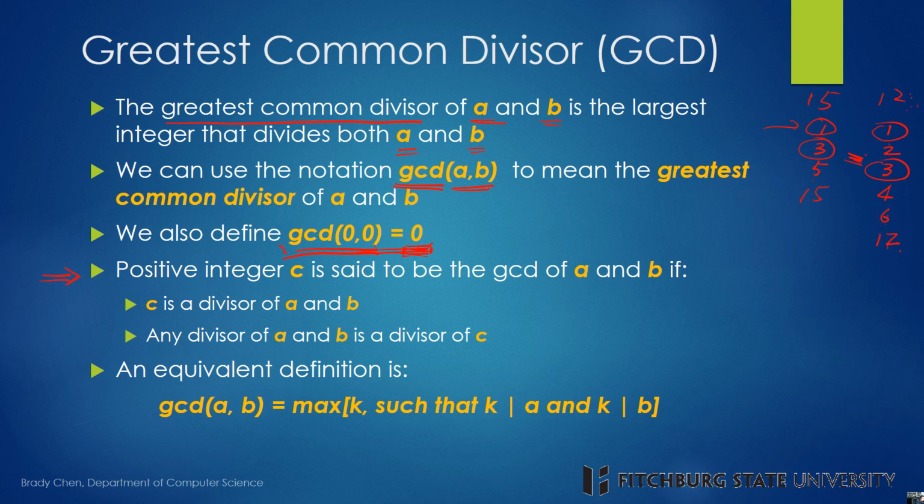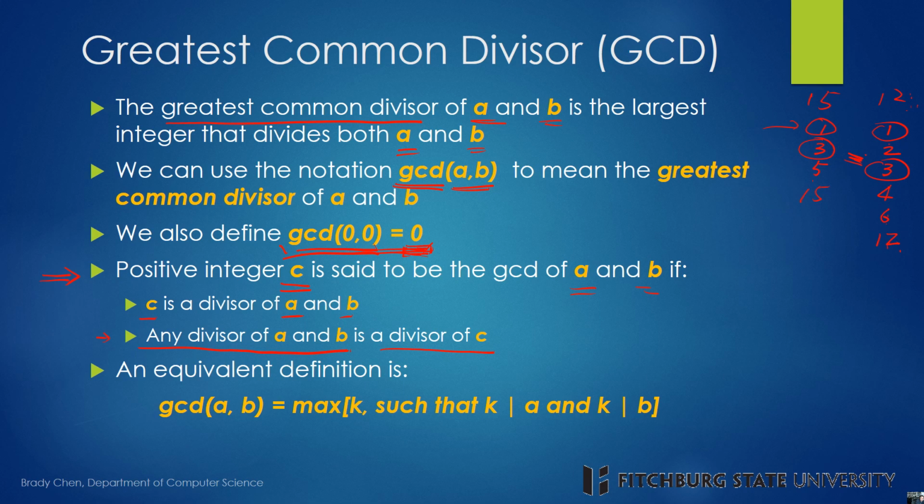A positive integer c is said to be the GCD of a and b if c is a divisor of a and b. So c is a divisor of a and b, but you may actually have many divisors, right? So the second item says any divisor of a and b is a divisor of c.